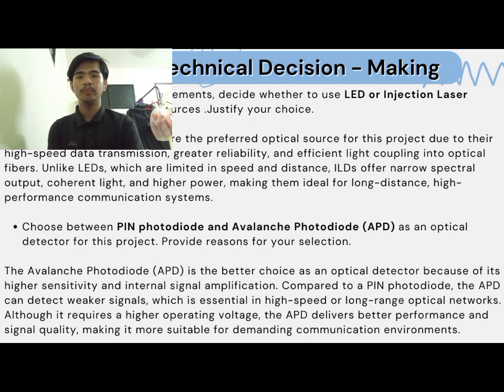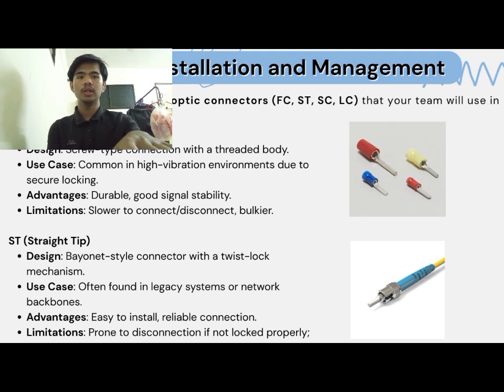Compared to a PIN photodiode, the APD can detect weaker signals, which is essential in high-speed or long-range optical networks. Although it requires a higher operating voltage, the APD delivers better performance and signal quality, making it more suitable for demanding communication environments.